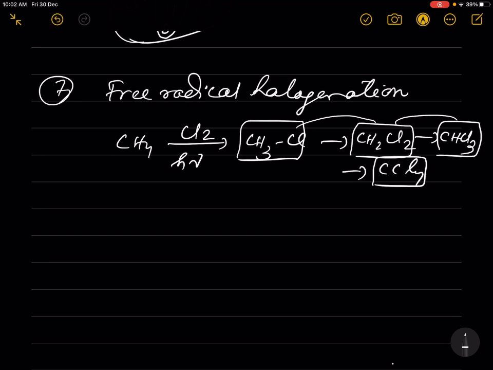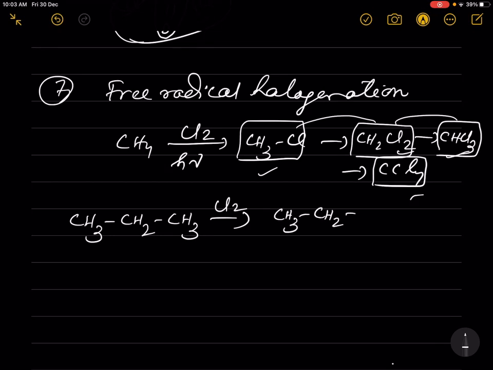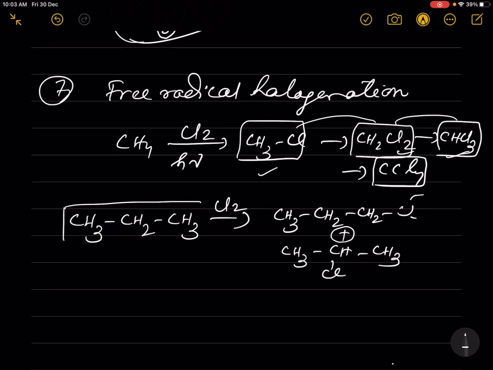Consequently, the yield of any compound is low. So when propane is treated with chlorine, we will get CH3CH2CH2Cl and CH3CHClCH3 if monohaloalkane is taken into account. We will get polyhaloalkanes, but here we have taken monohaloalkanes.